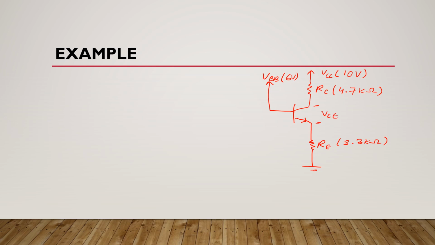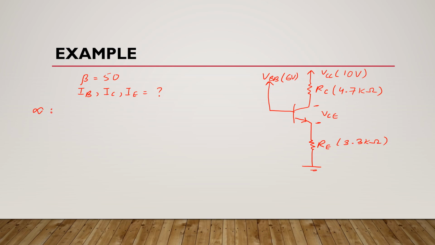Okay, if beta is 50 and you have to find all currents here, means you have to find IB, IC and IE. So how are you going to start your analysis? First we will find alpha.